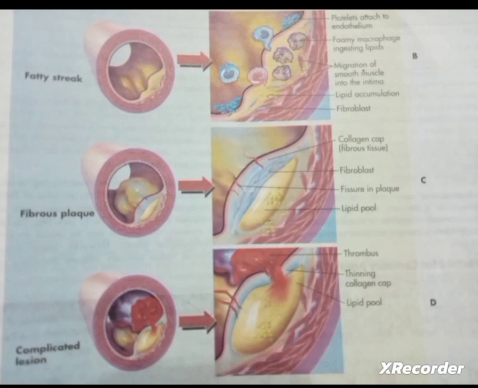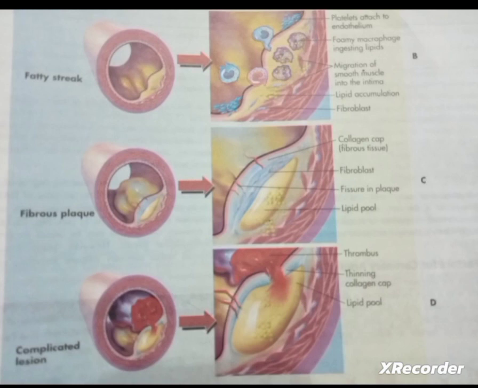A fatty streak can be observed in the coronary artery by the age of 50, and it increases with age. It is generally believed that when we treat this with a lipid lowering agent, it can be reversed. Fatty streak can be reversed.